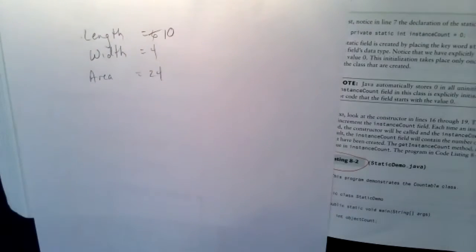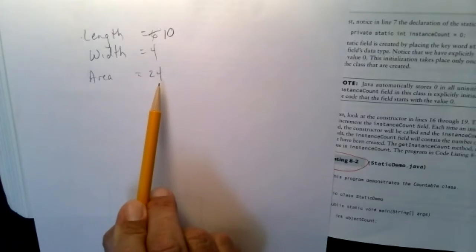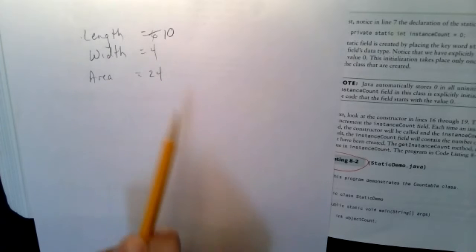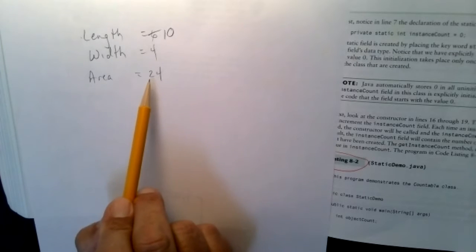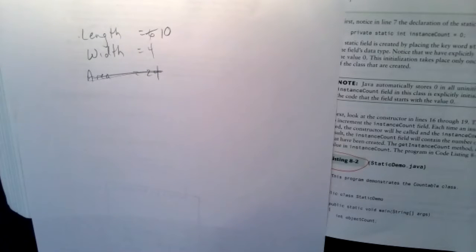I measured wrong, and all of a sudden I said, get area, well, this value's wrong. It wasn't recalculated. It was stale and old. So that's why we never included a variable like area. We always calculated it so that it would stay fresh depending on what the new length and width were.